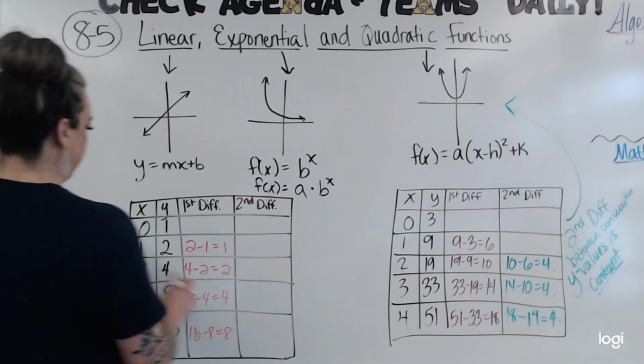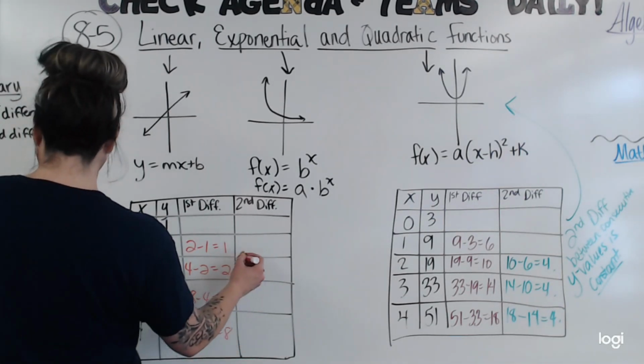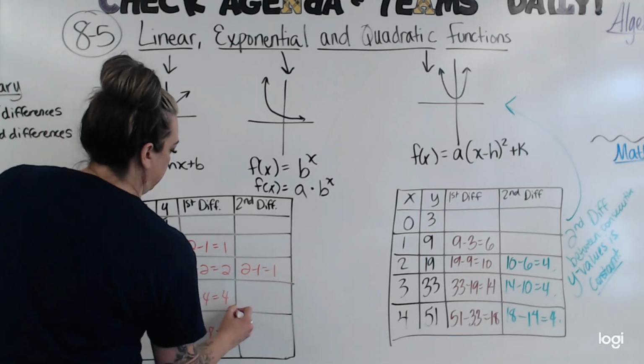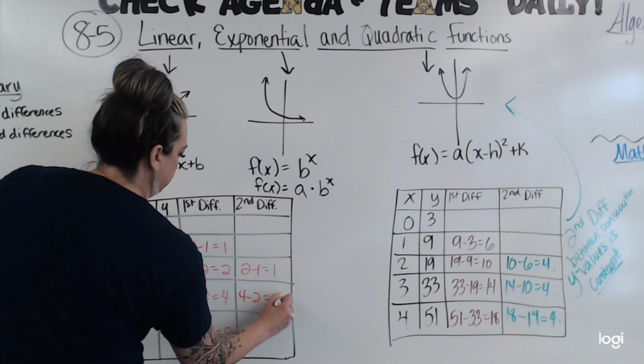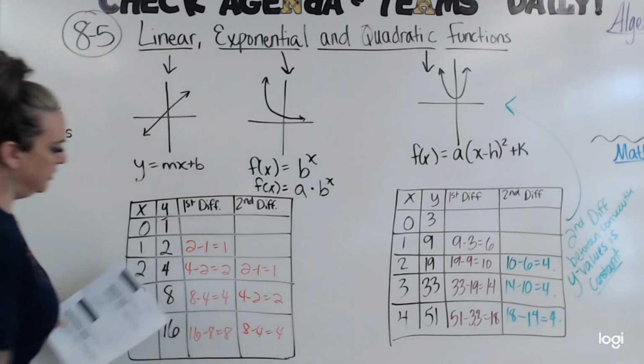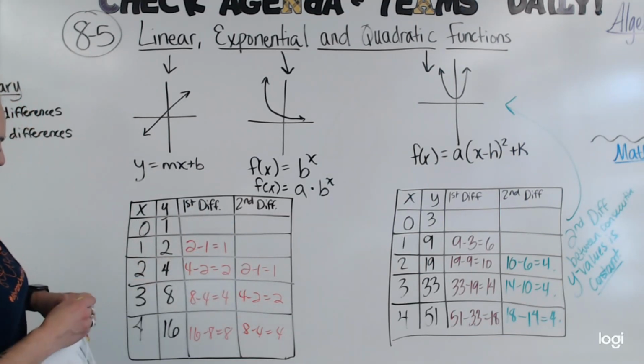Let's try the second difference. 2 minus 1, 4 minus 2, 8 minus 4. Still no constant in the first or second difference.